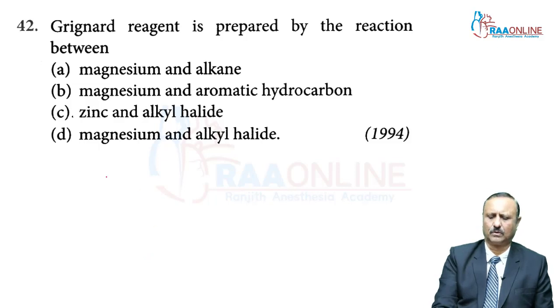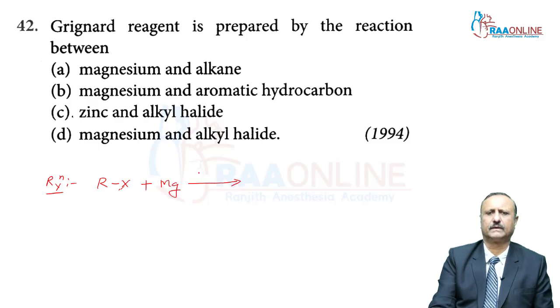You always know the preparation of the Grignard reagent. When alkyl halide RX reacts with magnesium in the presence of ether, the Grignard reagent is formed, because magnesium reacts with the halogen to form RMgX, which is the Grignard reagent. Grignard got the Nobel Prize for the discovery of this reagent, my dear students, and with this Grignard reagent we can produce all the aliphatic compounds which are given in your organic chemistry.